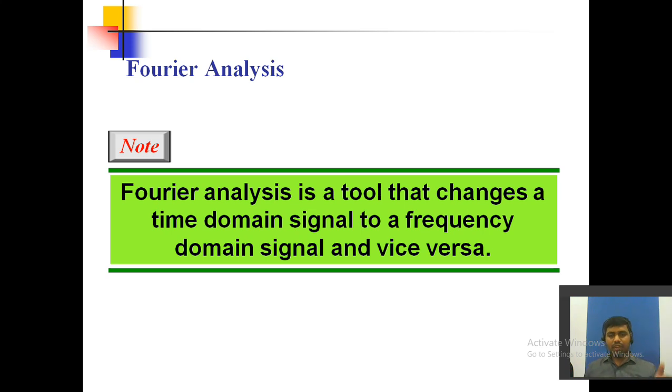At the same time, after completion of all the job, it can convert the frequency domain signal back to the time domain signal. Here, what is meant by time domain signal and what is meant by frequency domain signal? These are the topics we are discussing in the next slides, next topics, next sessions. So this is the information regarding Fourier analysis.